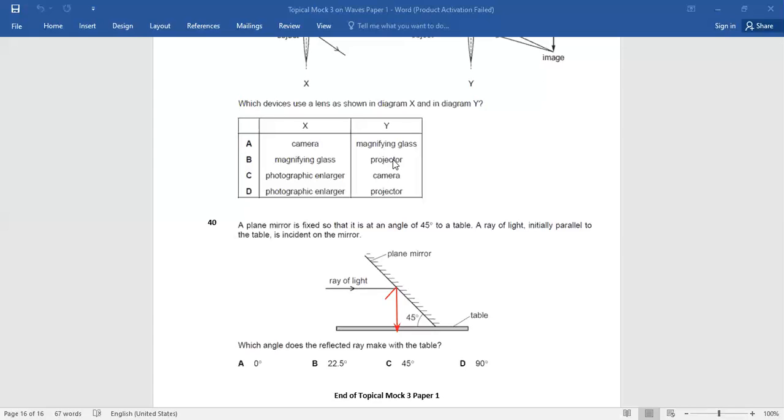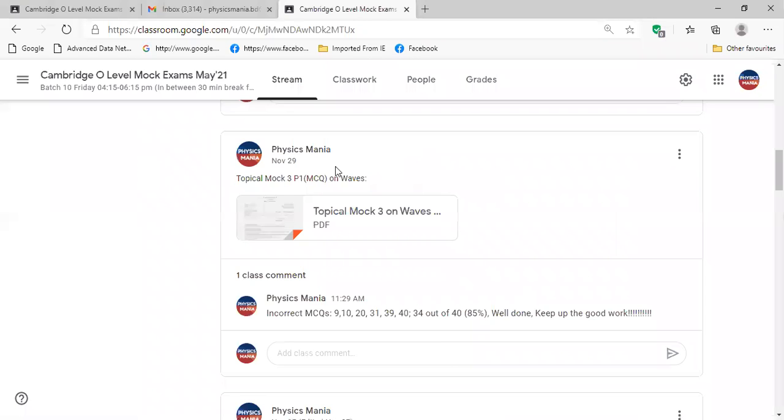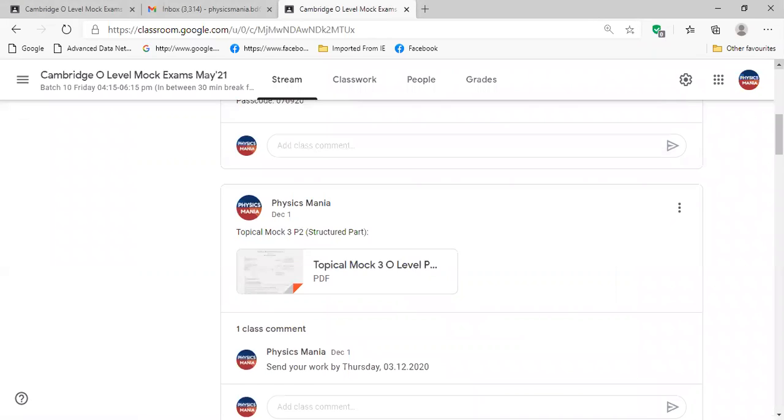We are done with the table, P1, right? We are going to P2 now. Let's go to P2.